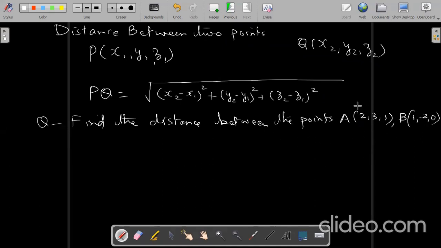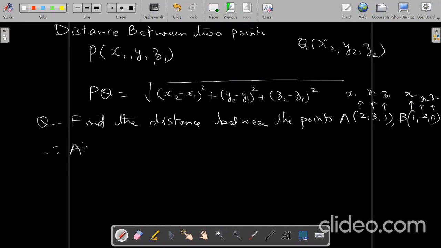So you know that this is x1, y1, z1, and this you will take as x2, y2, z2, and substitute in this formula.